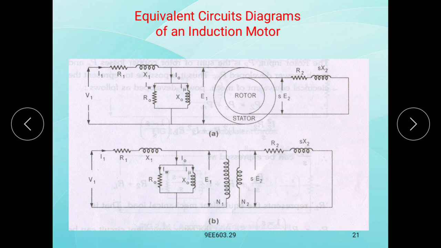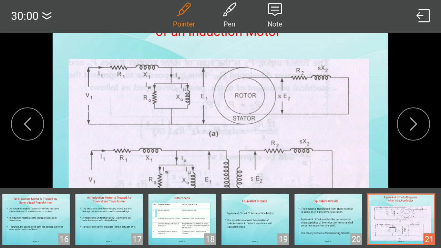Now the same diagram can be represented as an equivalent circuit, given in the figure below, equivalent circuit B. The stator and rotor are replaced here.